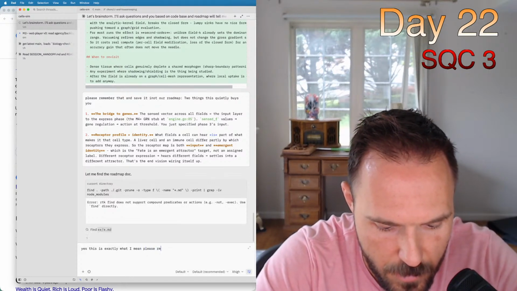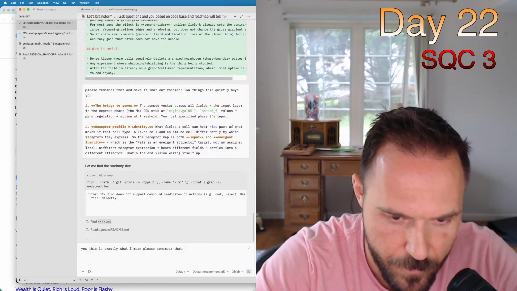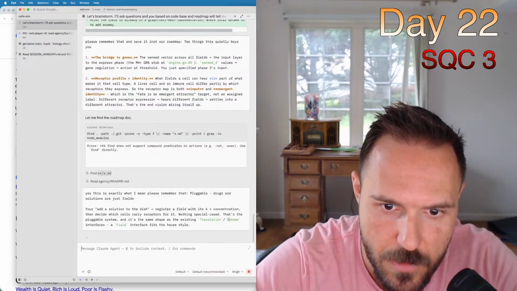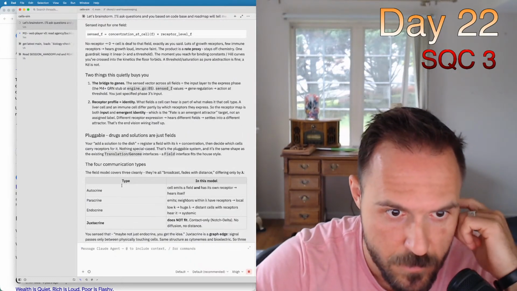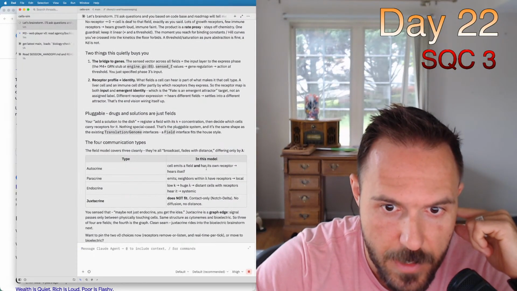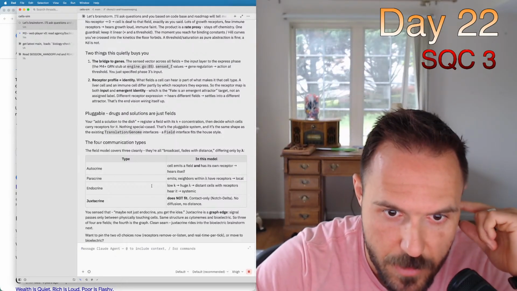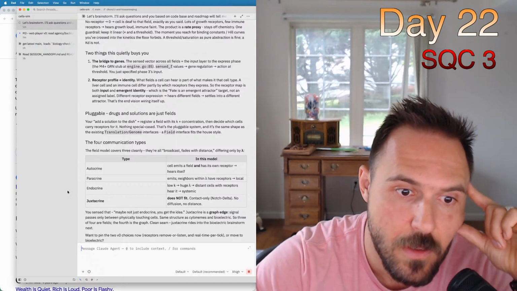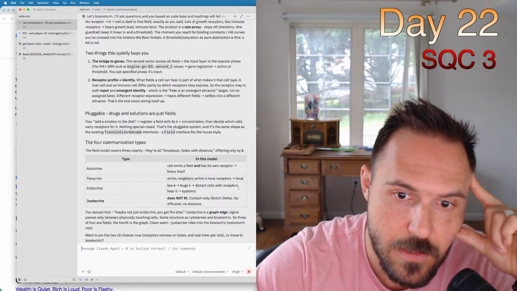Autocrine: the cell emits a field and has its own receptors for it. Paracrine: emits to neighbors with a lambda health receptor circle. Endocrine: low K, huge lambda, distant cells with receptors.